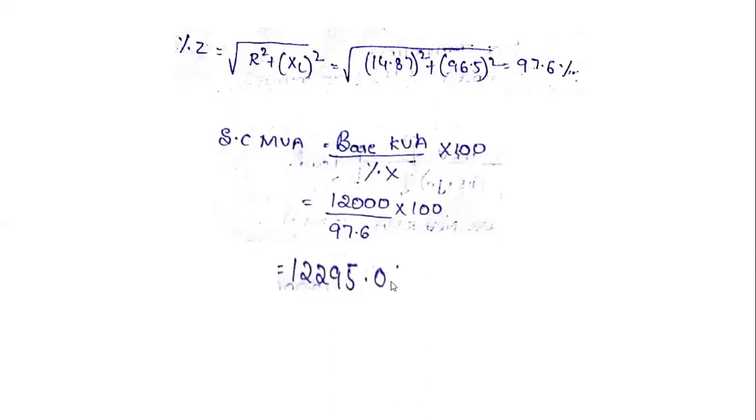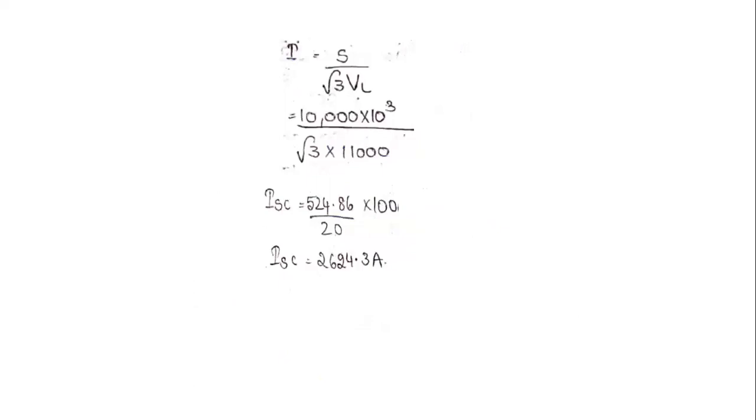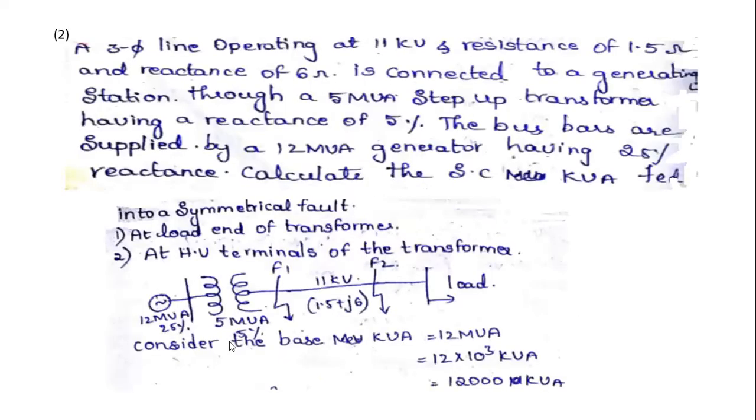What is the formula for short circuit current? Short circuit MVA is equal to base KVA by percentage X. What is the value for base KVA? This is the base MVA value. 12 MVA is the base MVA. Then this will be converted into KVA, that is base KVA, into 10 power cube.